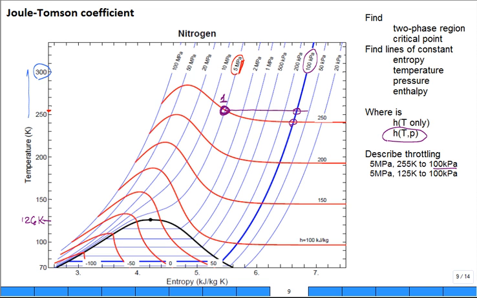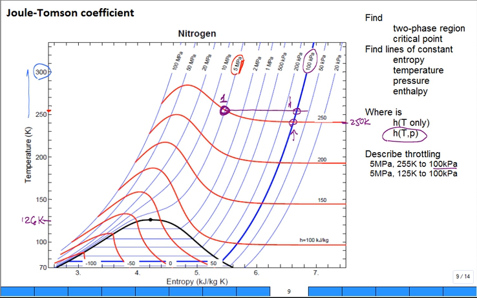So we do see that there is a temperature drop in this process, and it looks like it comes out around 250 Kelvin or so right here. Hence, there was about a 5 Kelvin temperature drop in that throttling process. Was there a whole lot of cooling? No. No, not at all.